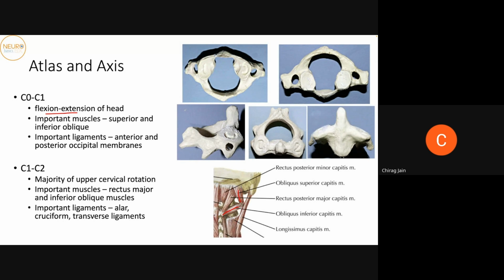C1-C2, which is a joint between the atlas and the axis, is responsible for the majority of the upper cervical rotation. The important muscles for C1-C2 are the inferior rectus, the inferior oblique, and the rectus major over here. There are also multiple important ligaments, the alar, cruciform, and transverse ligaments. Again, we have discussed these previously, so we're not going to go through this all over again.